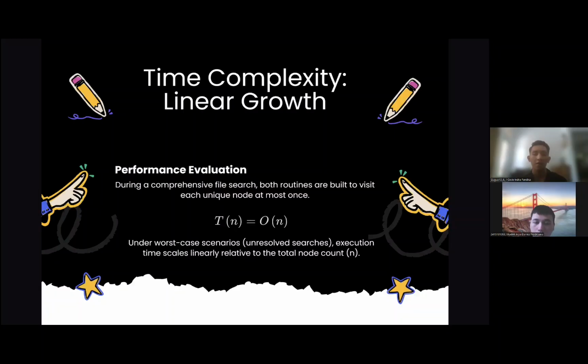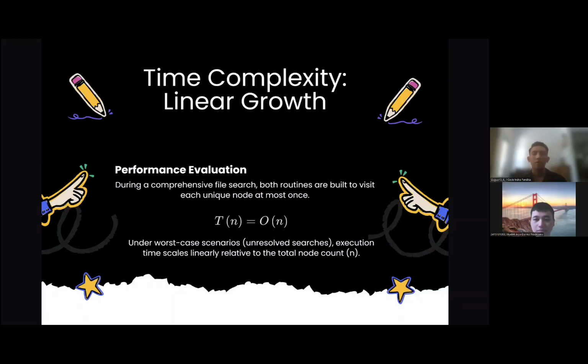And why is that? Because in the worst case scenario, such as when the file being searched for is at the very end of the data structure, or even when the file is not found at all, the algorithm must visit and examine every element exactly once.